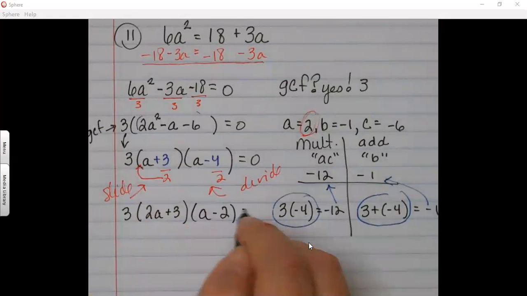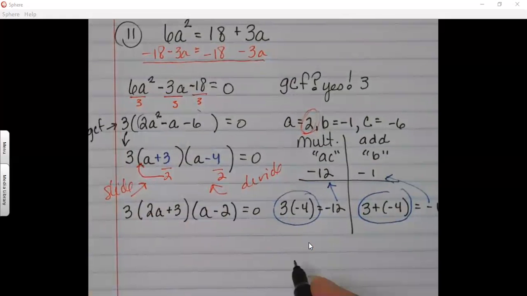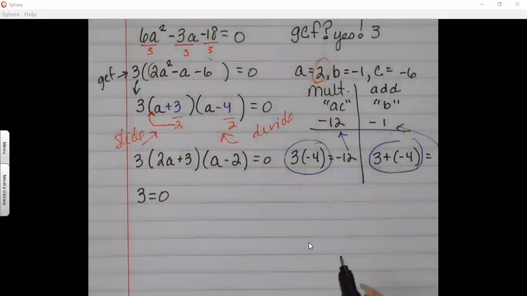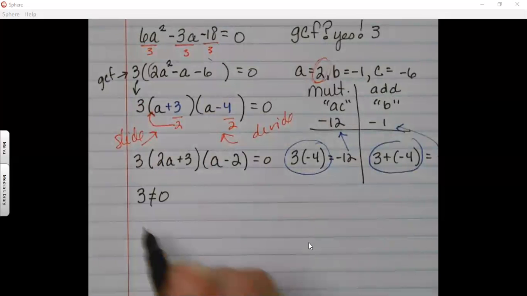Now we factored. I have 3 factors, but I told you quadratics only give you 2 solutions and only 2 solutions, but I have 3 factors. But the 3, when I set it equal to 0, can 3 equal 0? No. So 3 is a factor, but it's not a solution. If that GCF was a variable, say it was a, and I set a equal to 0, a variable can equal 0.